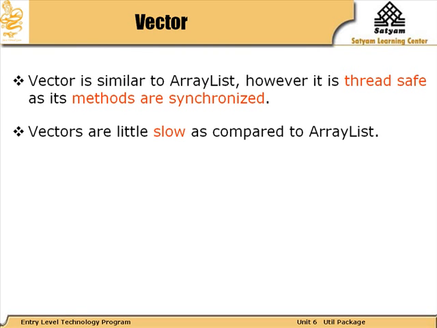Vectors are a little slower as compared to ArrayList. It is so because Vector methods enter and exit thread monitors for every method invocation. Or in other words, ArrayList methods are not synchronized. On the other hand, the Vector methods are synchronized. The various operations carried out on Vectors, being synchronized, are relatively slower in comparison to an ArrayList.